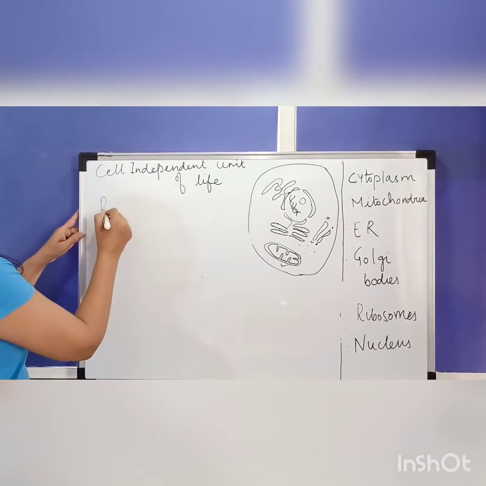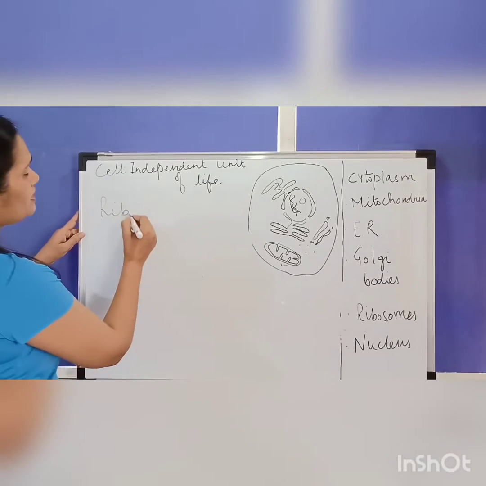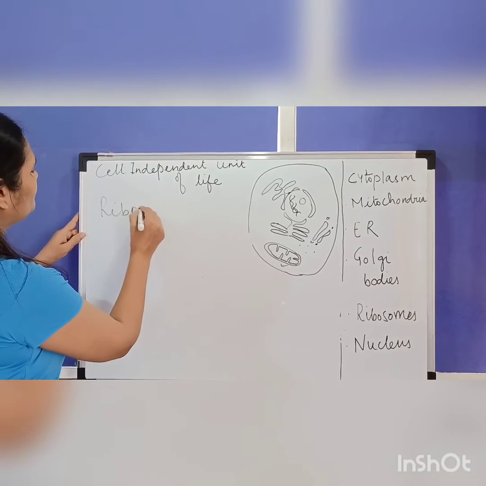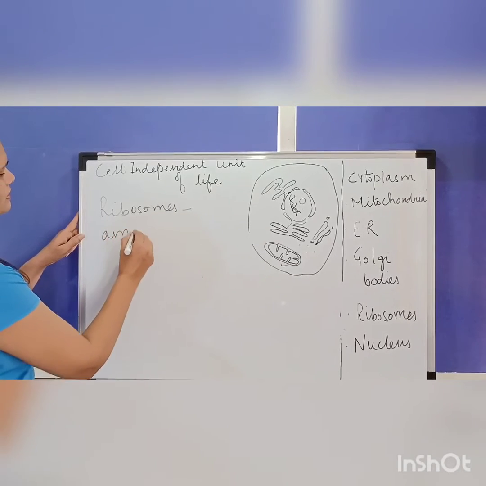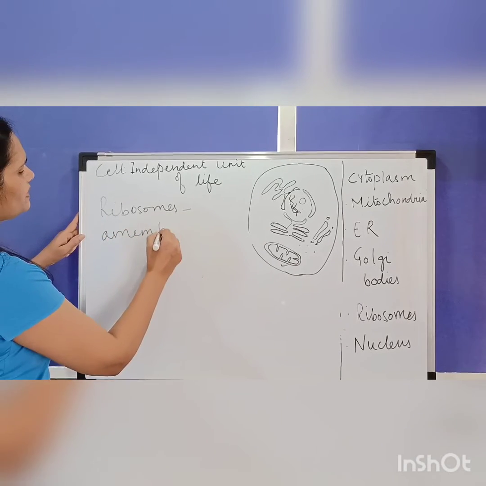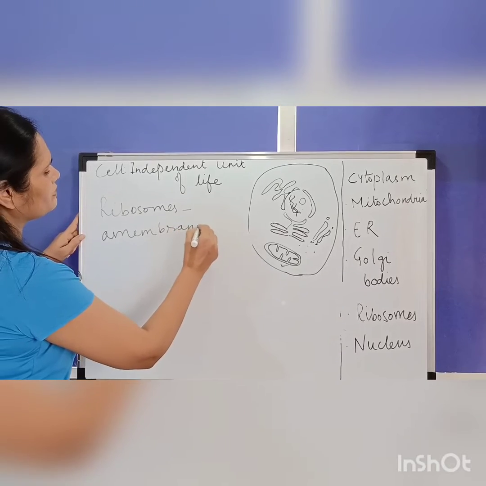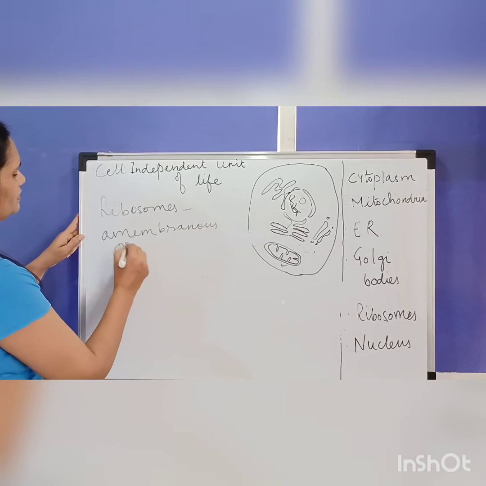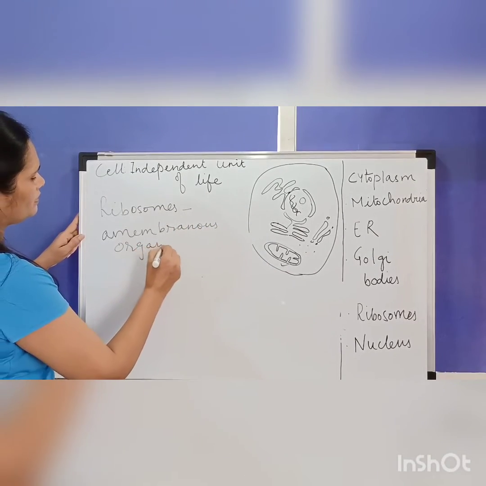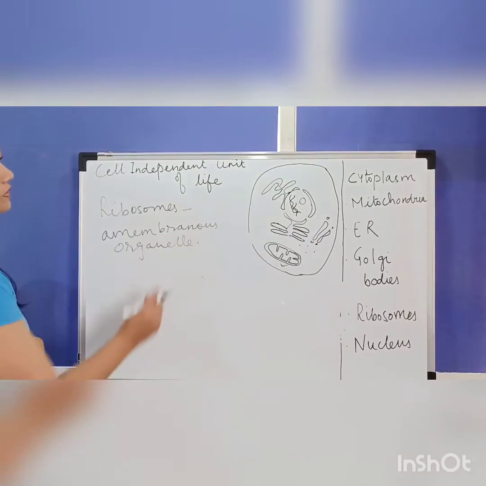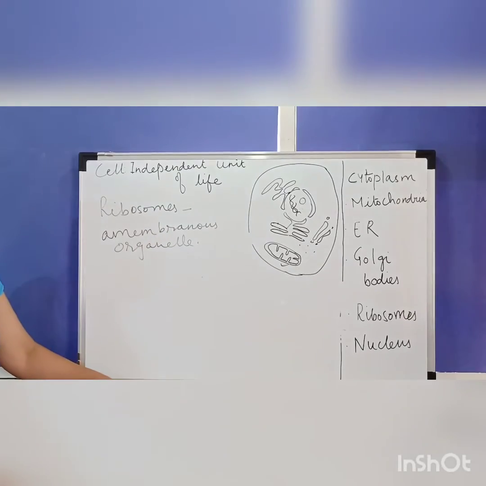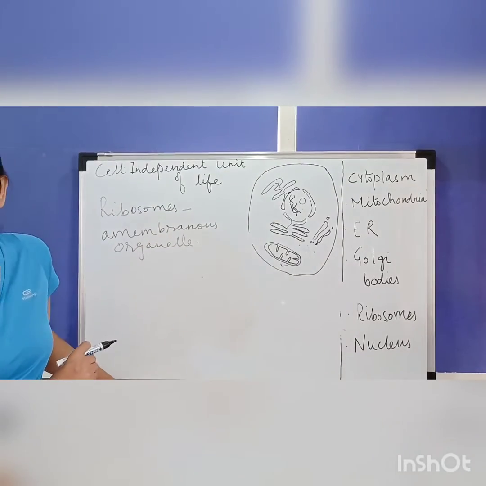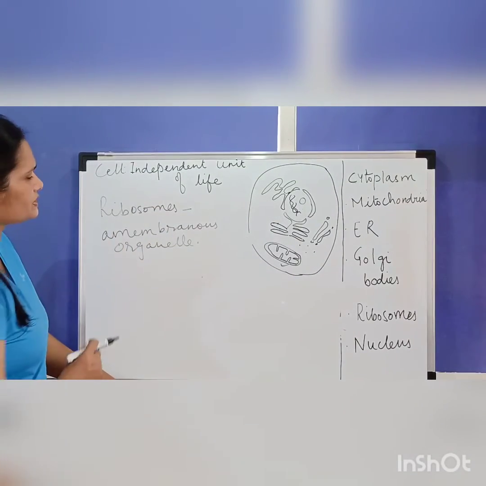They are also called amembranous organelles. Why so? Because they do not contain a membrane; they are not membrane bound.